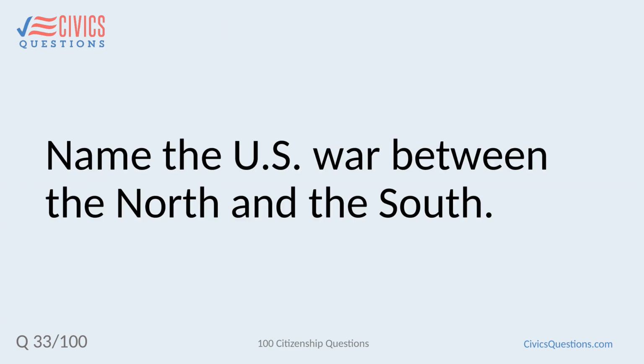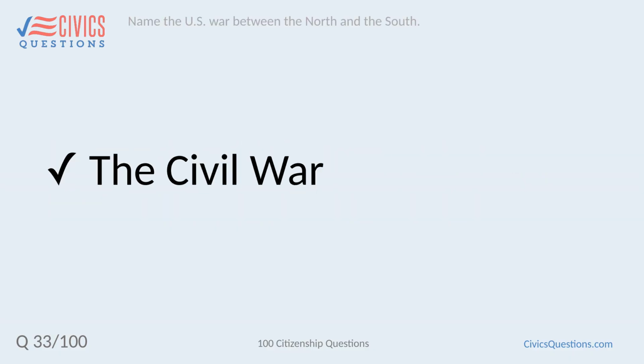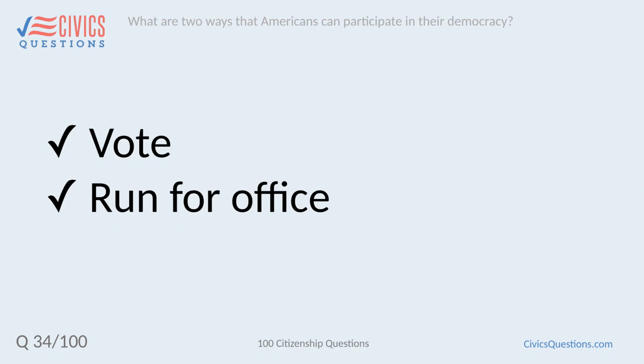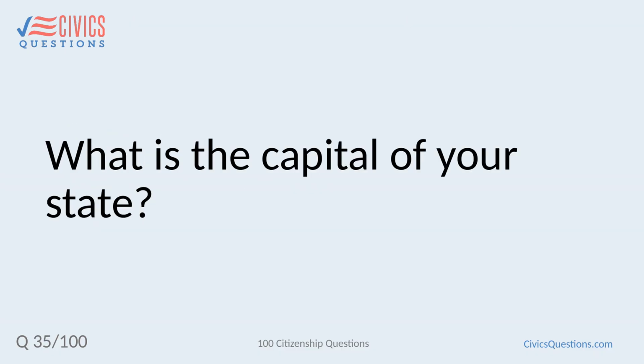Alaska. Name the U.S. war between the North and the South. The Civil War. What are two ways that Americans can participate in their democracy? Vote. Run for office. What is the capital of your state?